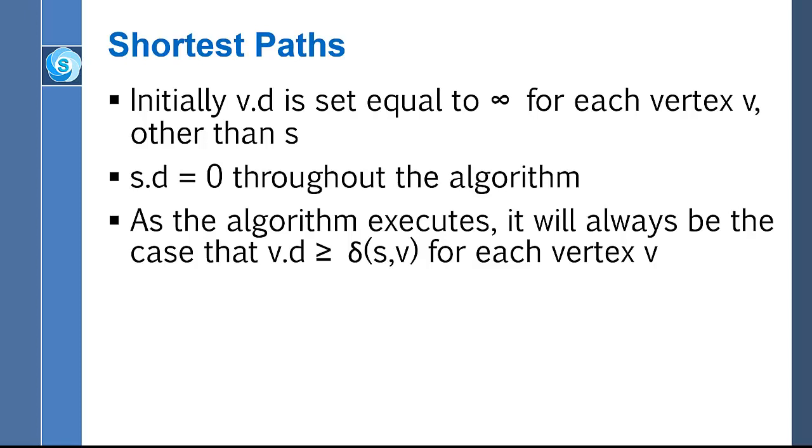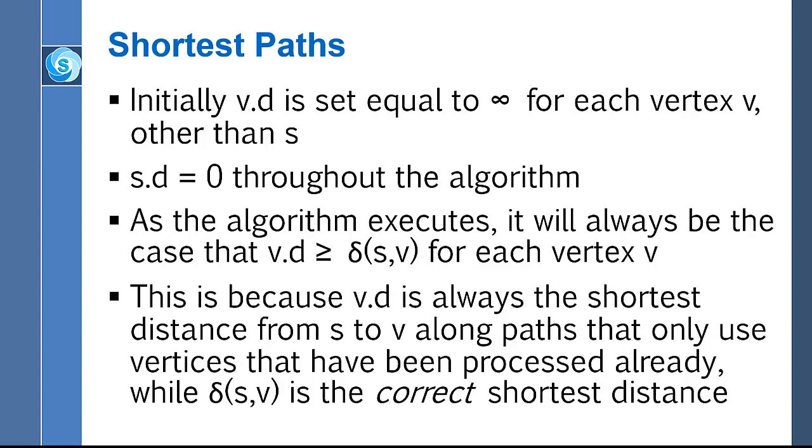Like it or not, this is just funny notation for saying that the shortest distance to get from S to V along discovered paths is greater than or equal to the shortest distance to get from S to V along every path. You can consider every path in the graph in that case.